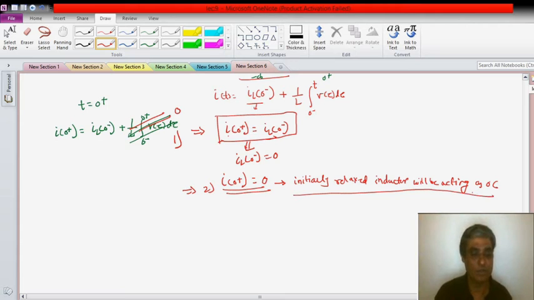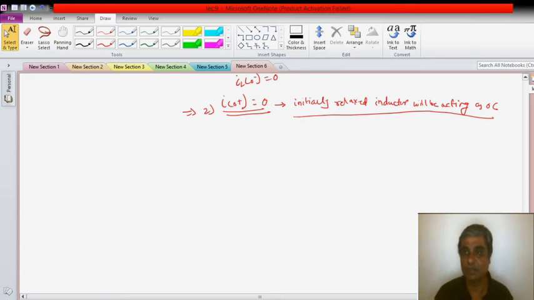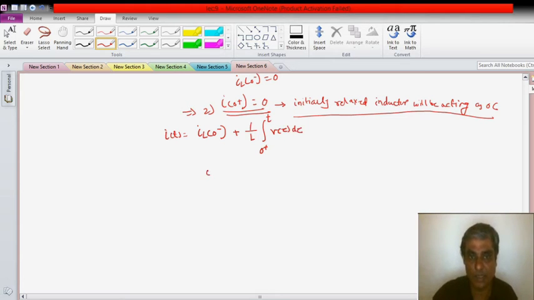Now let me draw its equivalent circuit diagram. So what will be its equivalent circuit diagram? I have I of t, which I can write as IL of 0 negative, that is the initial current, plus the current through the relaxed inductor, that is the integral of v of tau d tau. This is some value, so I can put it as a source, so that now my inductor becomes a relaxed inductor.